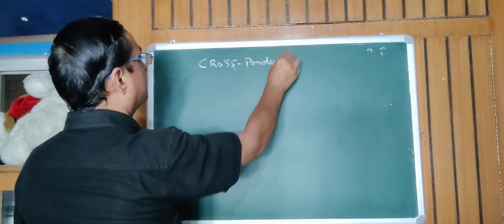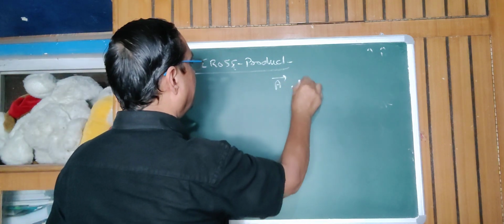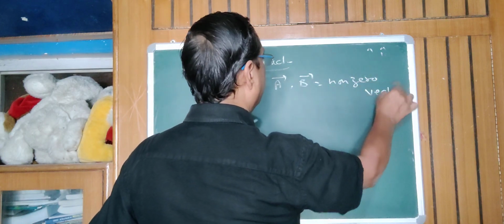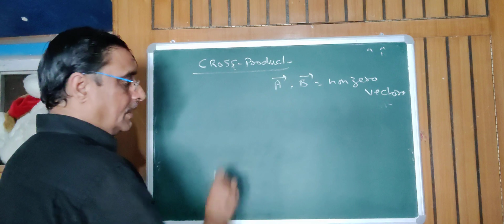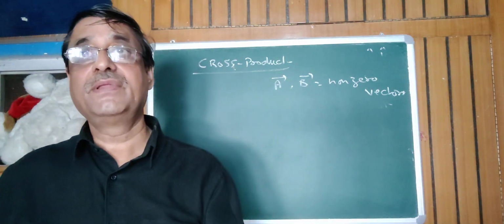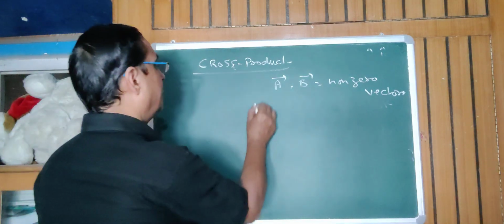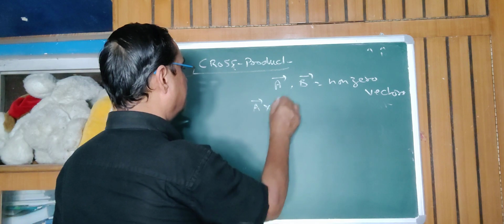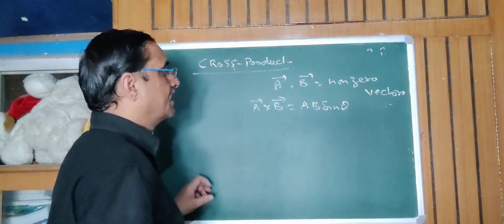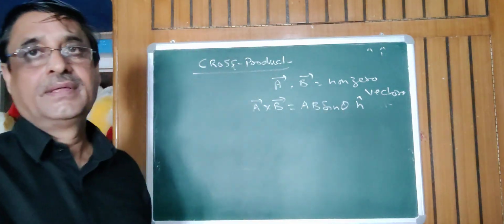Cross product. You see, if A and B are non-zero vectors, then you see what will be A cross B. A cross B is very important, which is always written as AB sin theta into n cap.